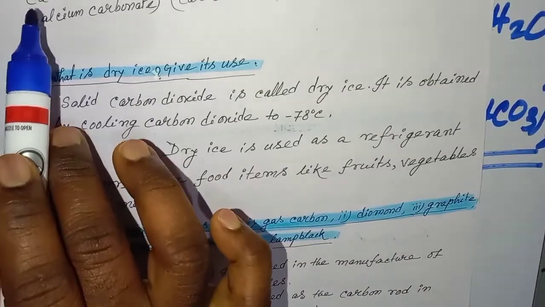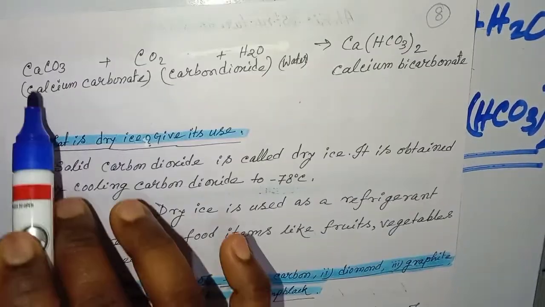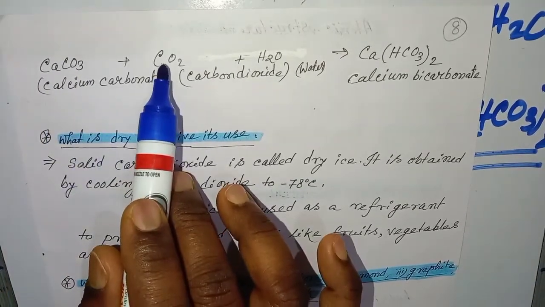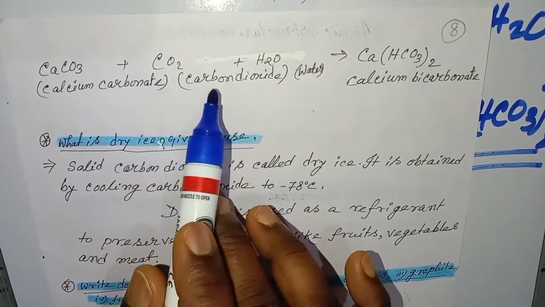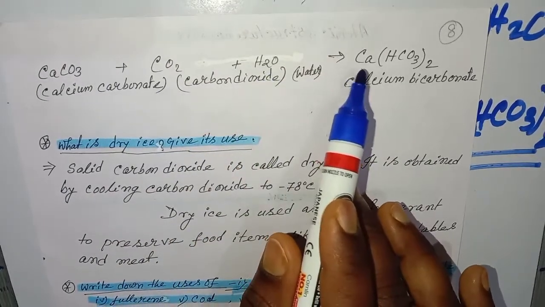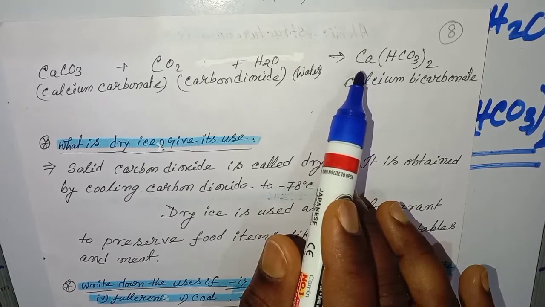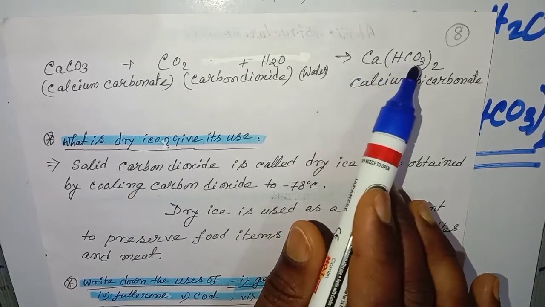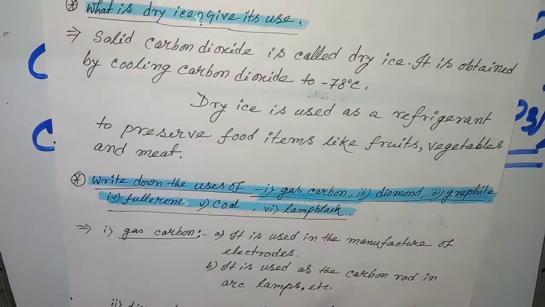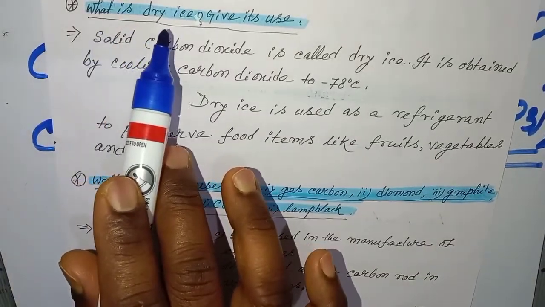Again, CaCO3, calcium carbonate, plus CO2, carbon dioxide, plus H2O, water, forms the product soluble in water, Ca(HCO3)2, calcium bicarbonate.